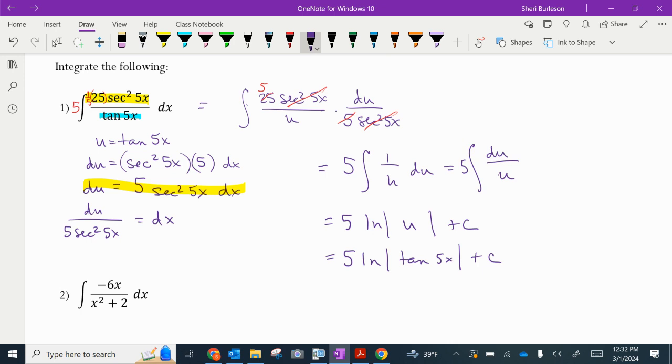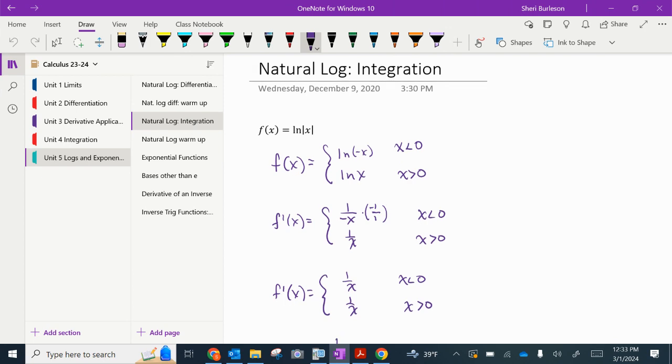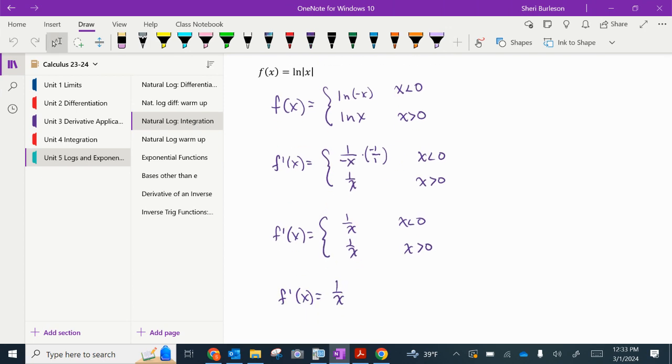Because of what we did last time, the derivative of natural log of absolute value of x is 1 over x, which means the integral has to be this one.